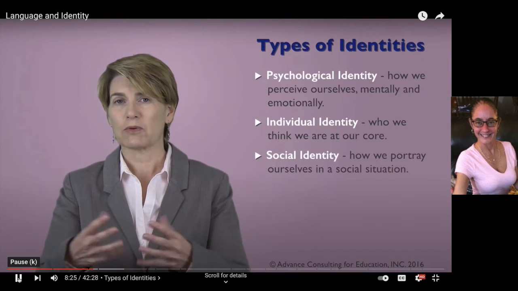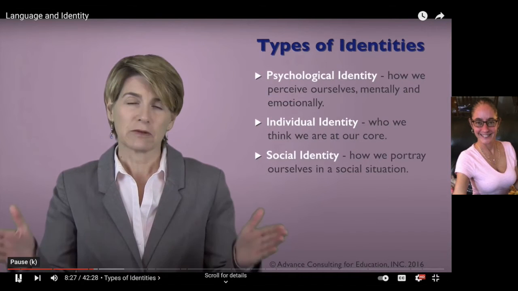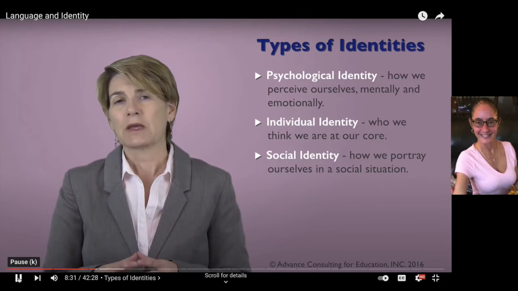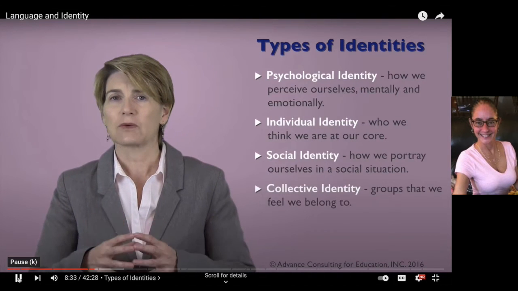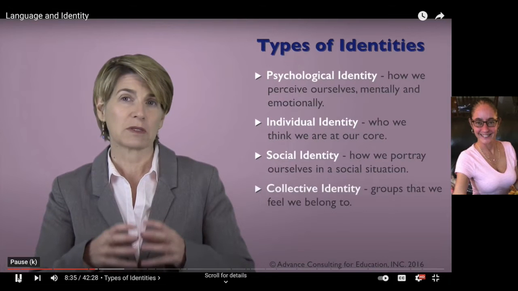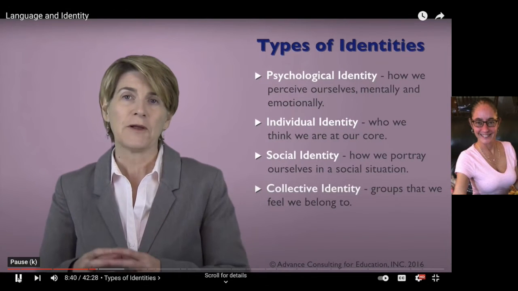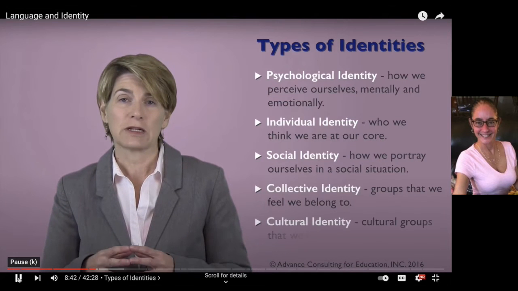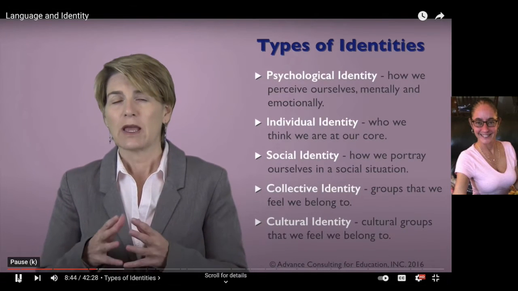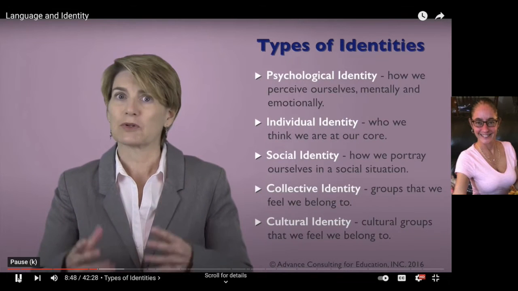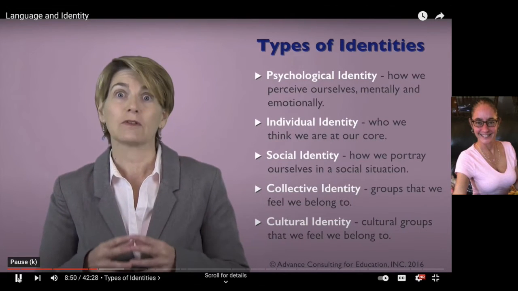So these are how we portray ourselves when we're out amongst other people, whether they be friends or strangers. Then there's our collective identity. And so these are the specific groups that we say, okay, I belong to this group or I belong to that group. And finally, there is a cultural identity or cultural identities. And these are the cultural groups that we feel we belong to and somehow portray to the world that, hey, I'm a part of this cultural group.